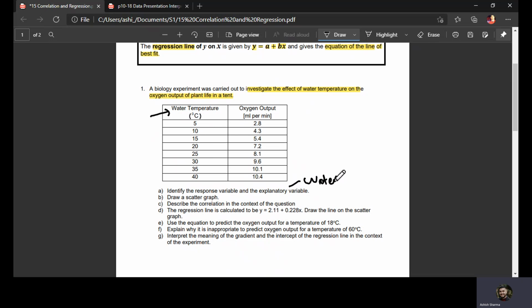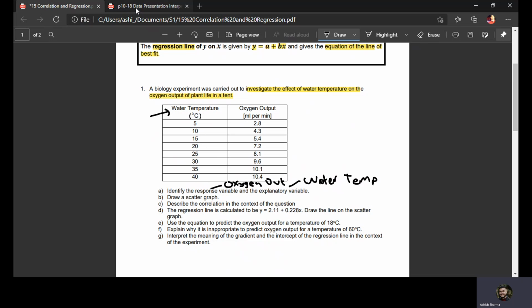Now, in terms of the next type of variable, obviously that leaves a response, which is going to be the oxygen output. So the explanatory variable is the water temperature, and the oxygen output is the response variable.